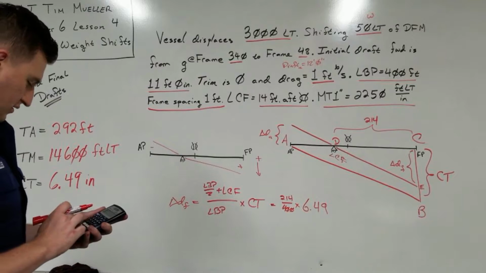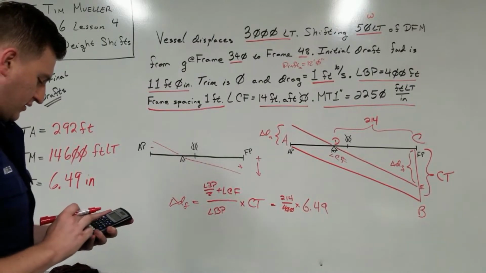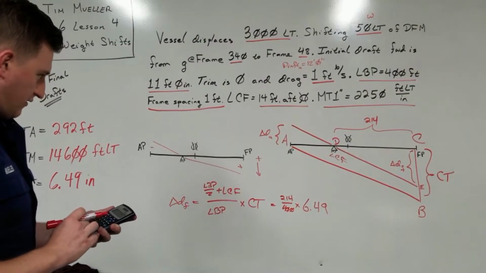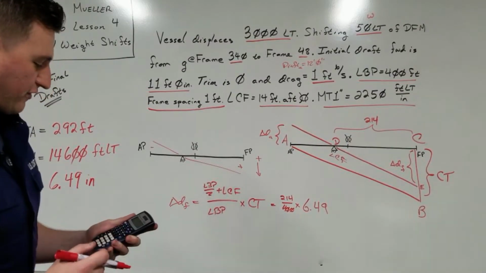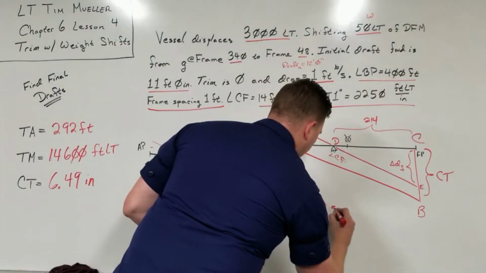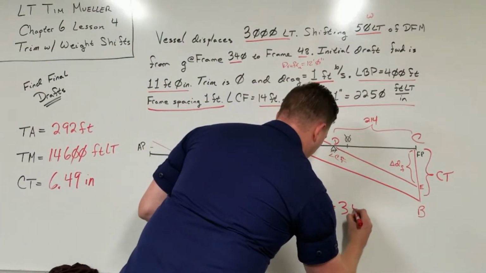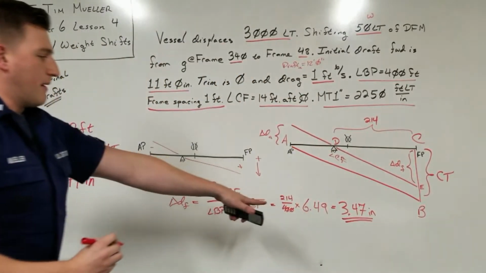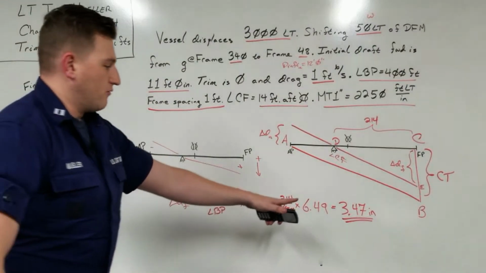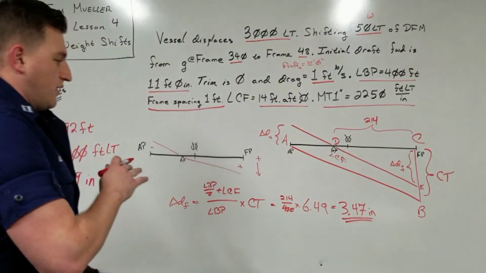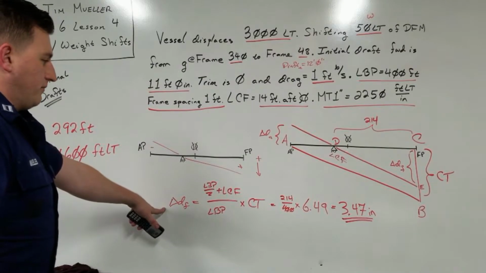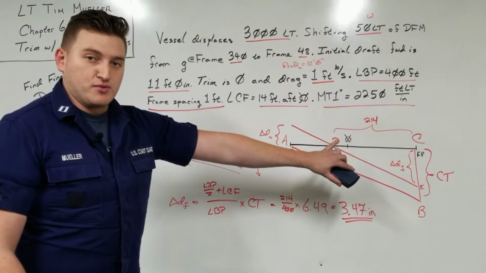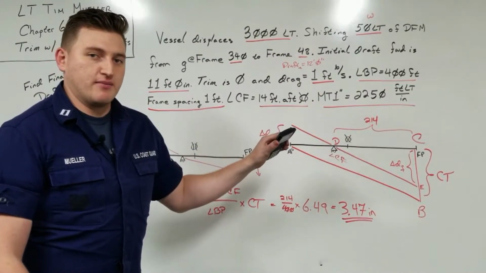So 214 divided by 400 times 6.49 is 3.47 inches. Remember, when we're dealing with drafts like this, we're dealing with inches. So great, now we have delta D forward. We're going to keep this positive for now, and then we're going to take a look at the overall situation and see what needs to be positive and what needs to be negative.